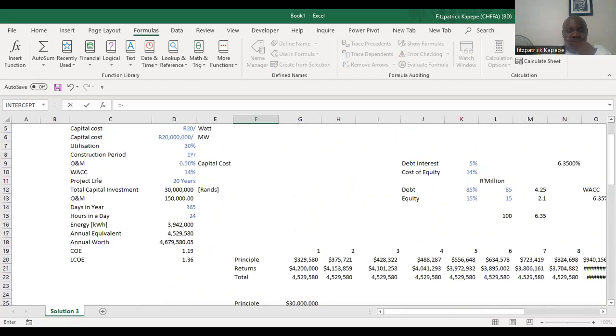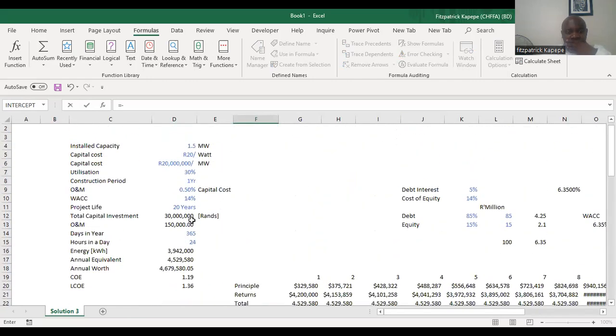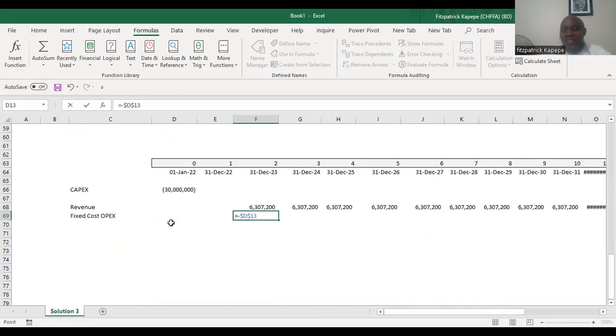So negative 150. Again, you put a dollar sign. Please put those dollar signs. Press the F4 key if your laptop is as okay as mine. If it's different, it will be Shift F4. If it still doesn't give you those dollar signs, it will be FN F4, please.